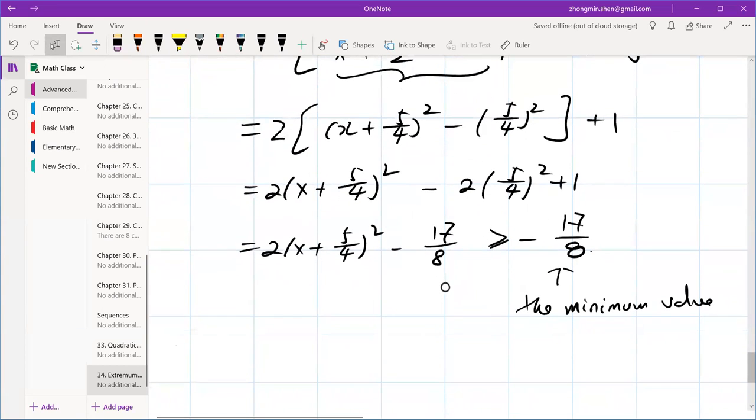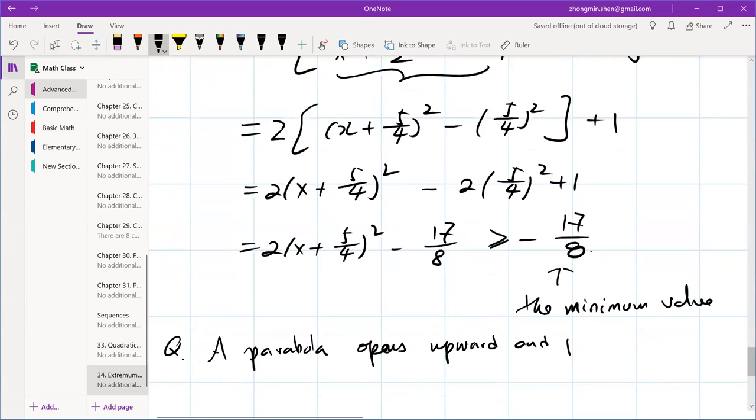All right, so my next question is, I know it's a parabola, right, which means the graph of a quadratic function opens upward, right? And I know it passes through the point (2, 6).